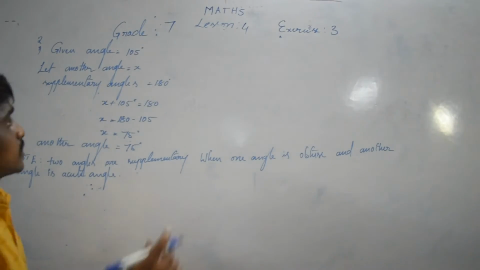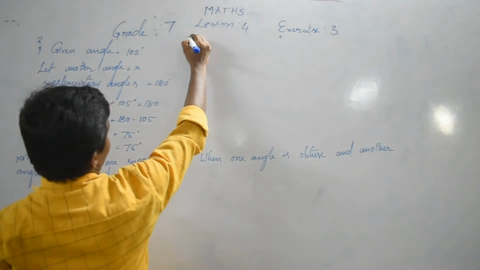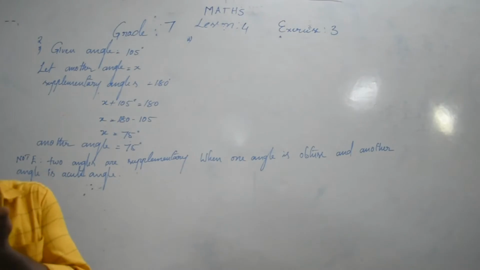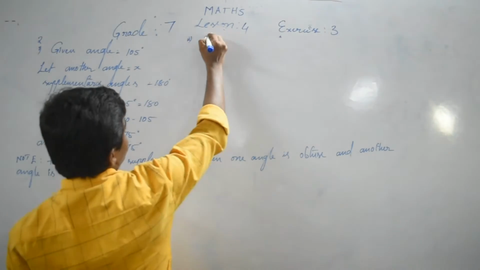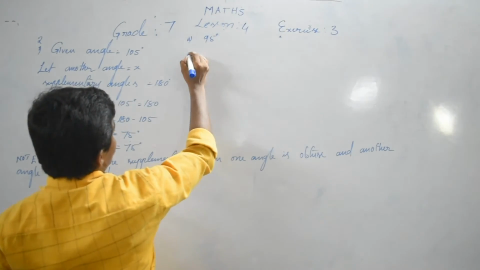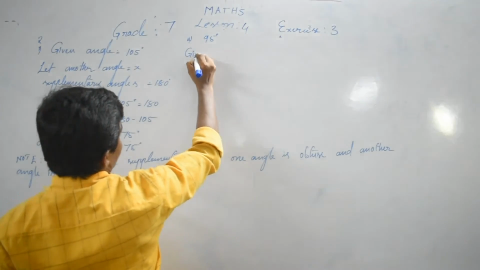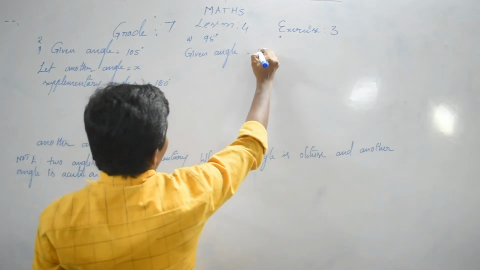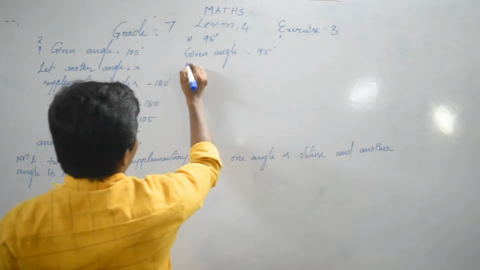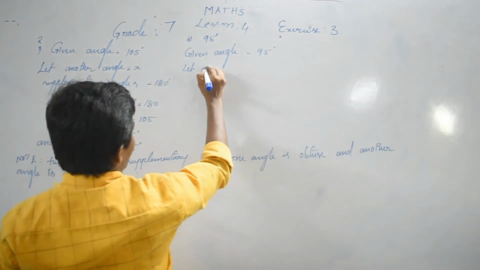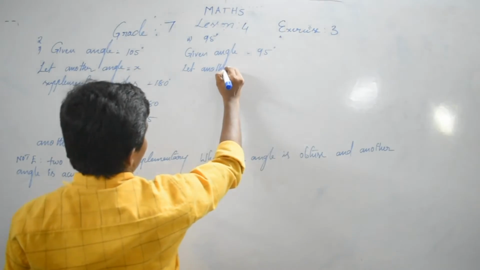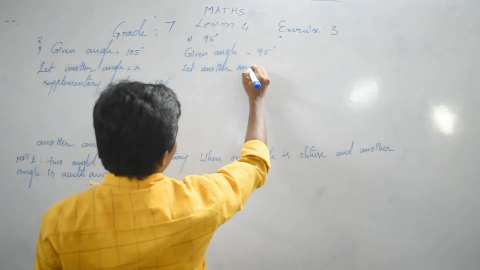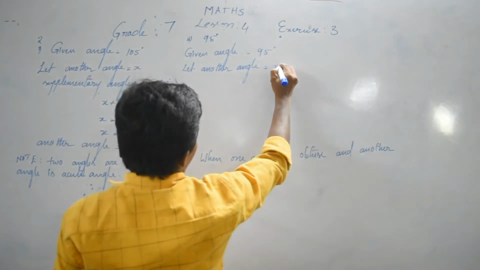Next one, second problem. Given angle 95 degrees, let the other angle be x.